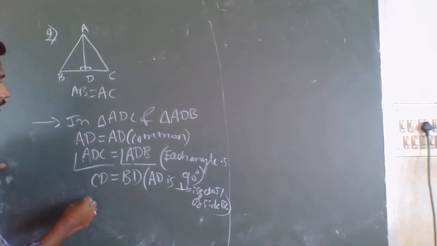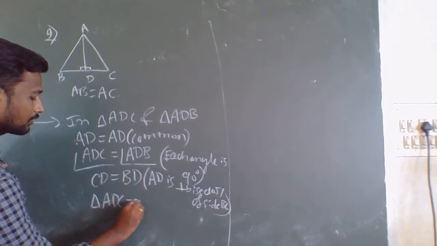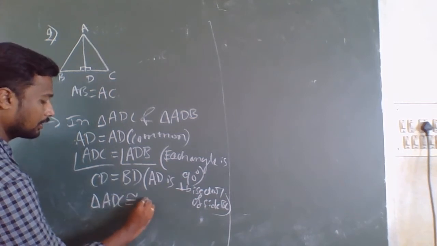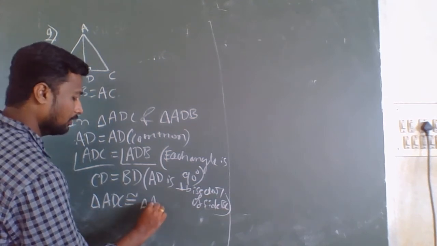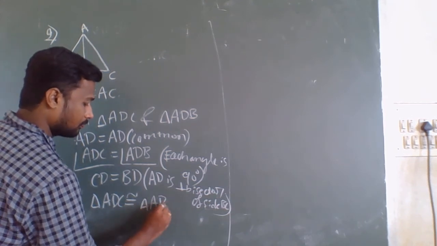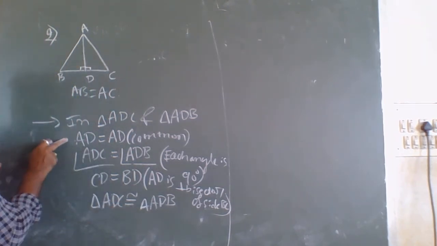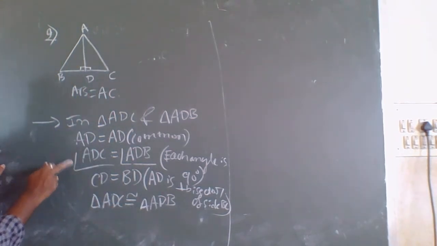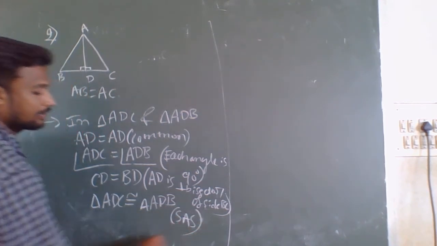Therefore, what can we write? Triangle ABC is congruent to triangle ADB because of the rule side, angle, side, that is SAS.